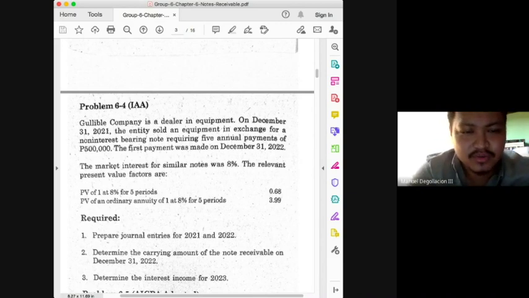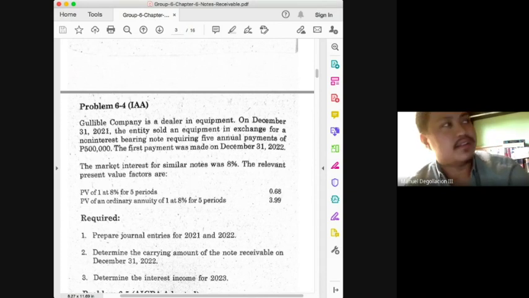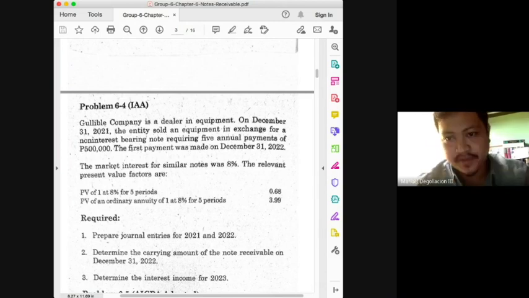Let's proceed to the second year, class. On December 31, 2023, to solve for interest income, you'll just have to multiply the effective interest rate, class, or in this case, it's referred to as the market interest, with the outstanding balance. And how much was the outstanding balance?